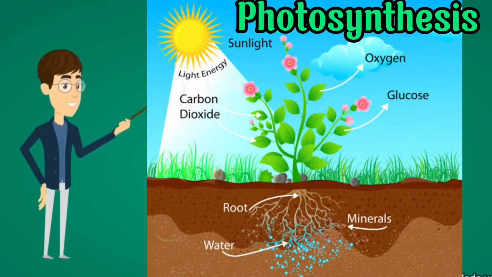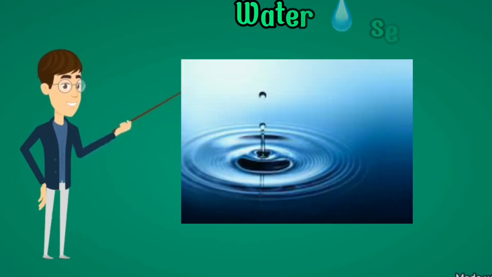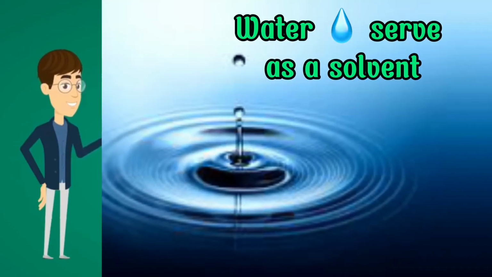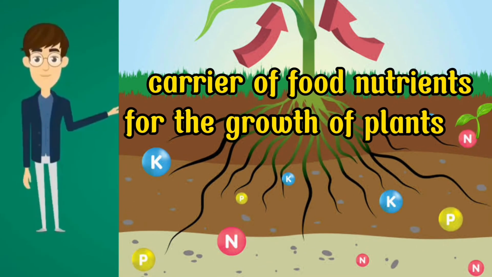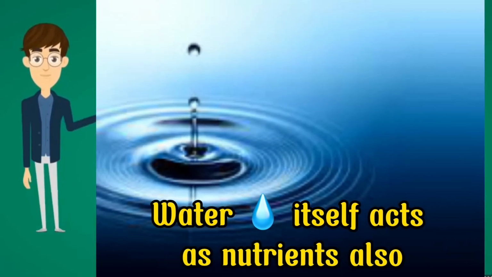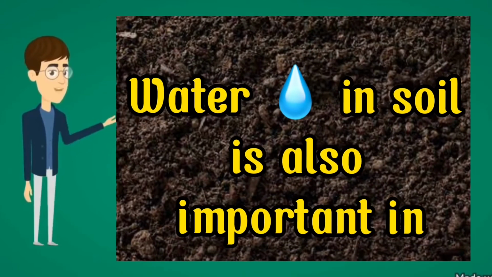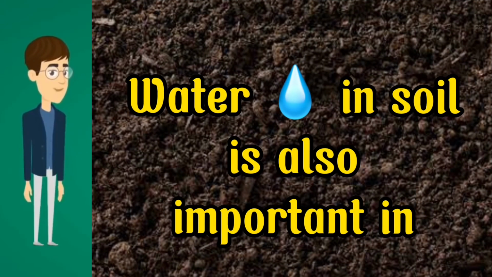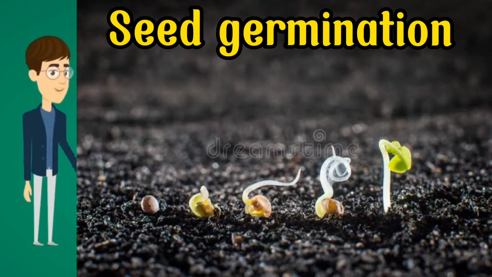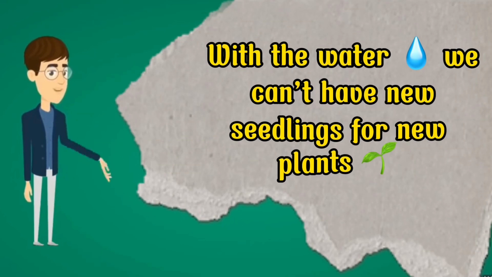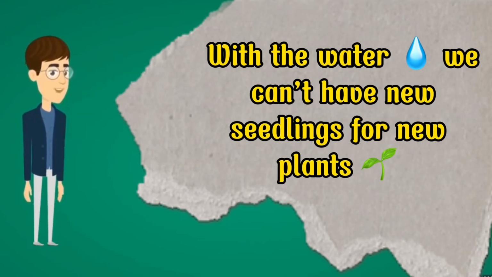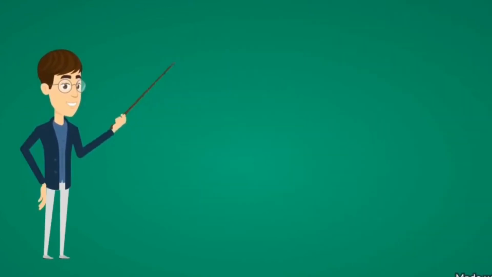called photosynthesis. Water serves as the solvent and carrier of food nutrients for the growth of plants. Water itself acts as a nutrient also. Water in soil is also important in seed germination, because without the water, we cannot have new seedlings for new plants.